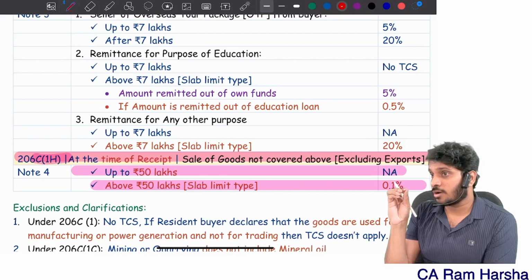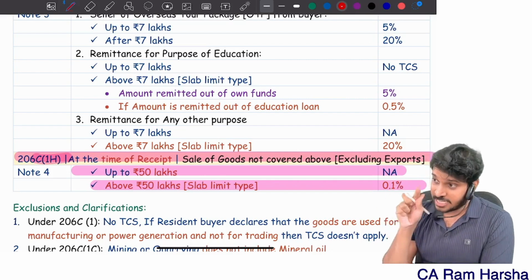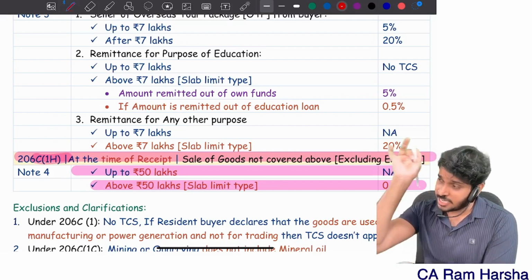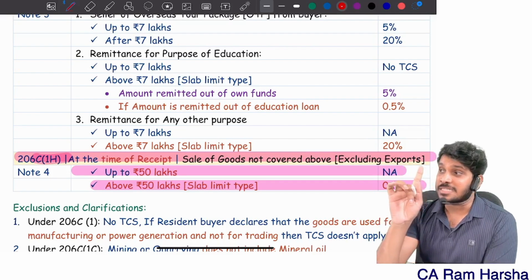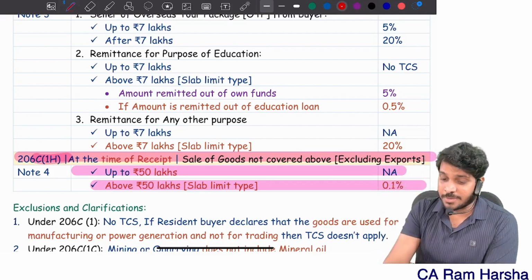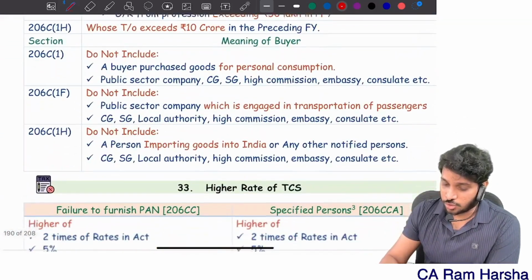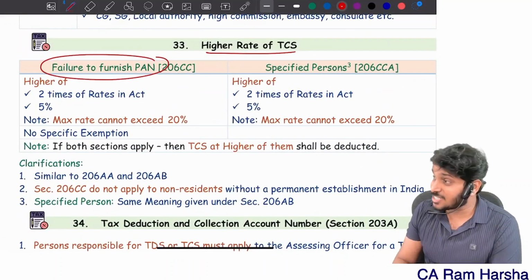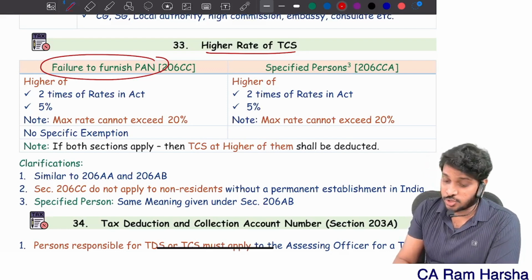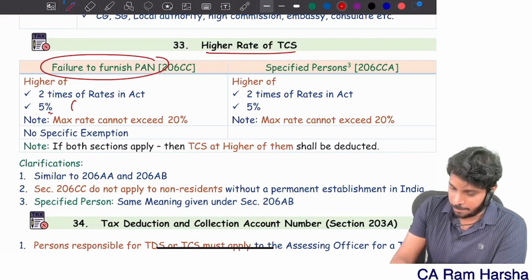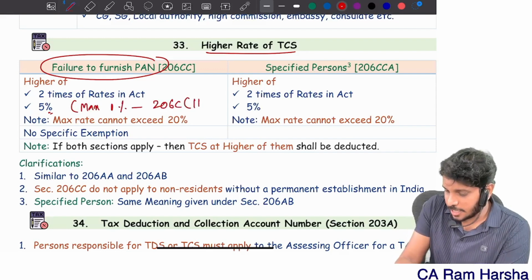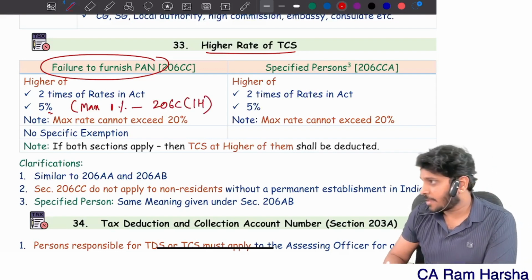Yes or no? Suppose 206C(1H) is applicable. The seller has to collect TCS from the buyer. If the buyer is not giving a PAN number, the higher rate of TCS of 5% applies, but maximum 1% in case of 206C(1H). Yes or no?